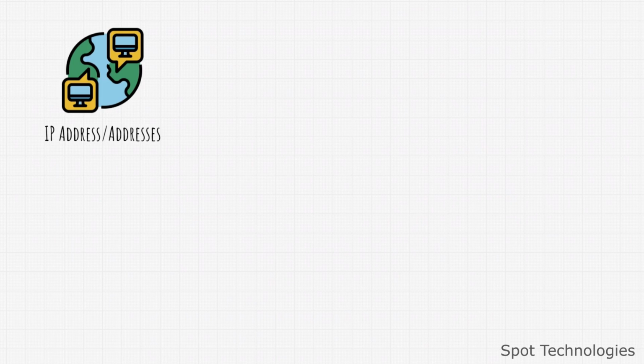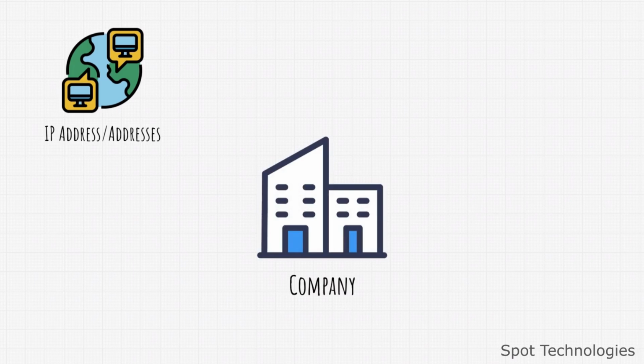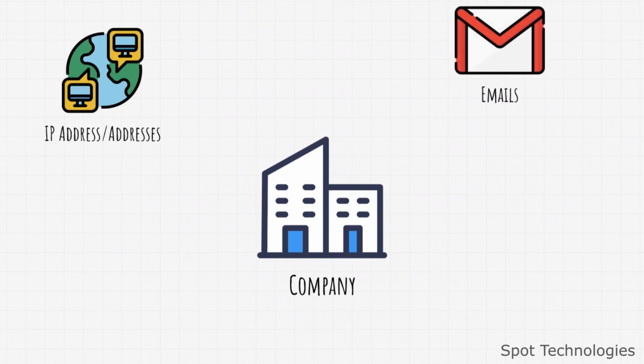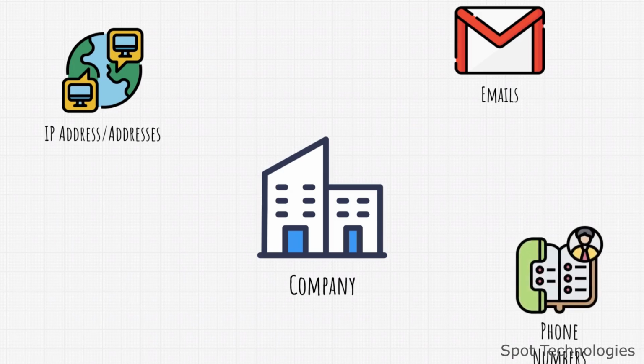This could be, for example, a company that has servers and buildings all around the world. If we were to test this company, we would also be interested in their employees. For example, we would want to gather their emails, which could be useful for a future attack to gain access to that company, or we could possibly want to gather their phone numbers, which could also be useful.